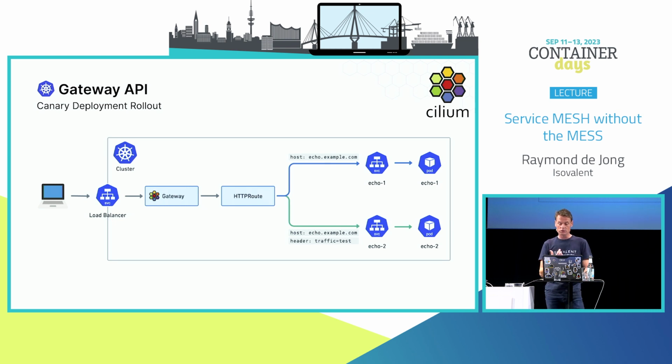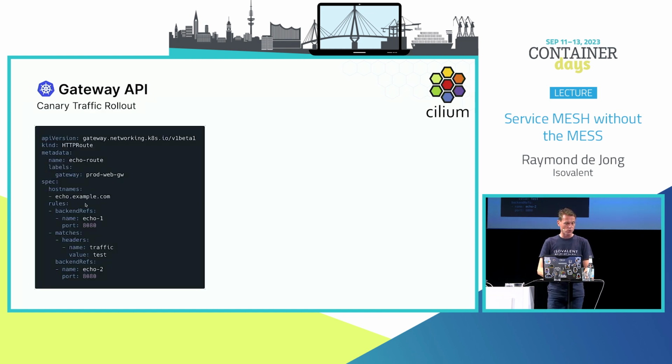That means that you create HTTP routes, maybe with a specific header, matching specific traffic, so you can test your new version of your service in your application to see if it's working correctly before actually switching to that new service. This again works through simple matches on headers, for example, name of traffic, value of test, and I will show this in a bit as well.